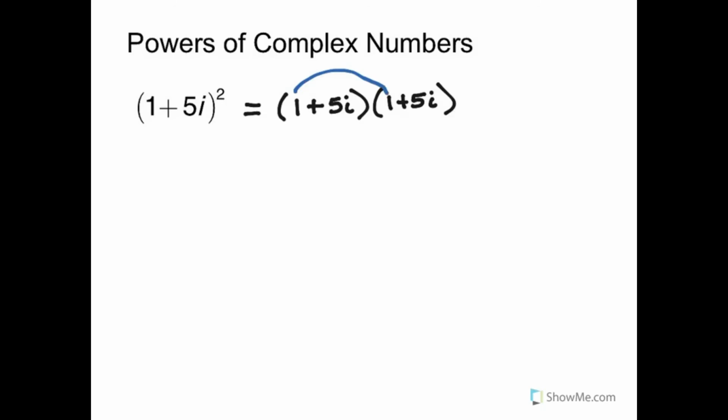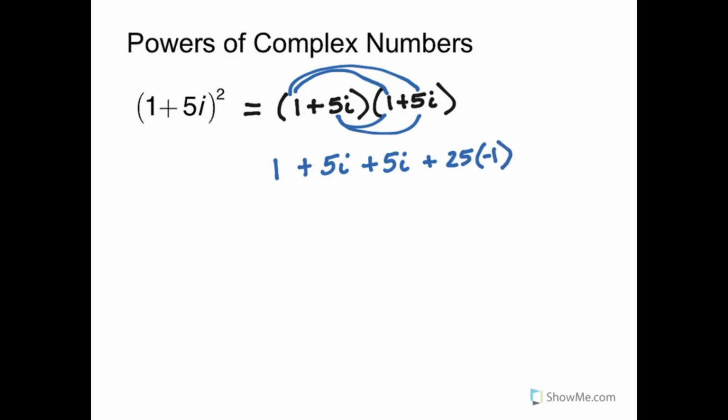So we have 1 times 1, that's 1, and 1 times 5i, plus 5i, and we have 5i times 1, another 5i, and 5i times 5i, which is 5 times 5, 25, times i squared, which is negative 1.